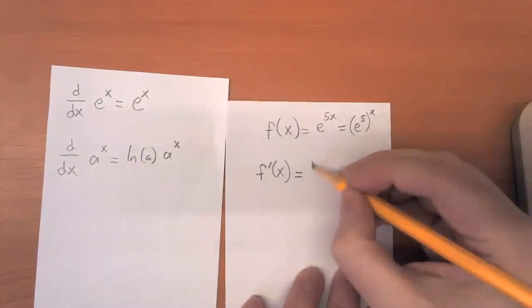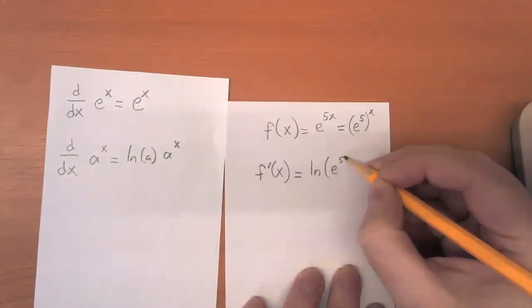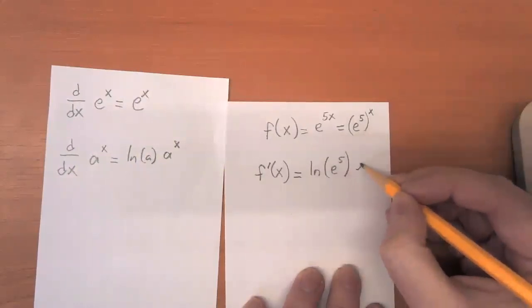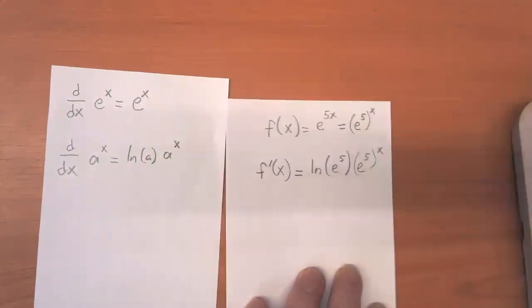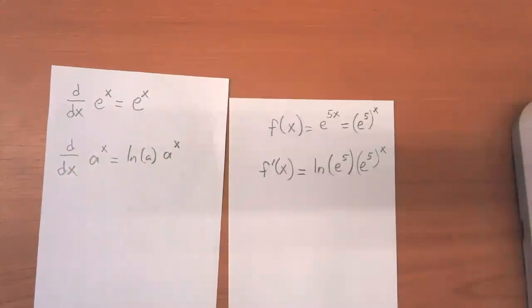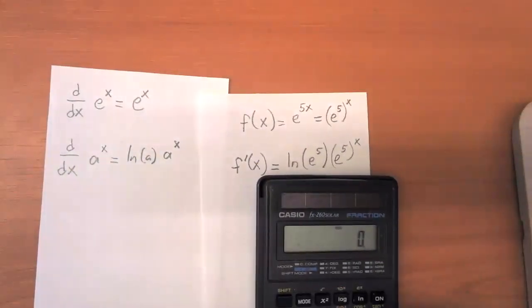So the derivative of this is equal to the natural logarithm of e to the 5th power times e to the 5th to the x. Let's simplify this a little bit because there is room to simplify. Let me bring up my calculator so we can double check.